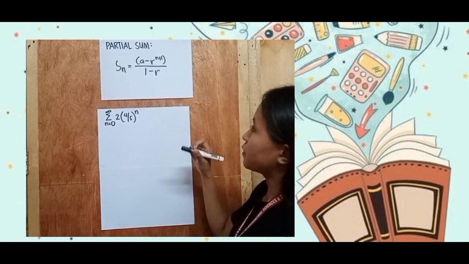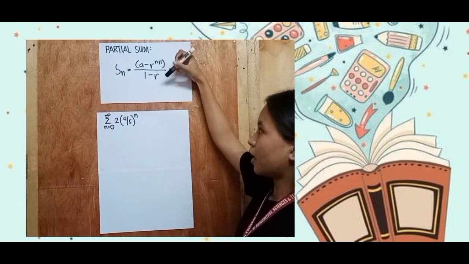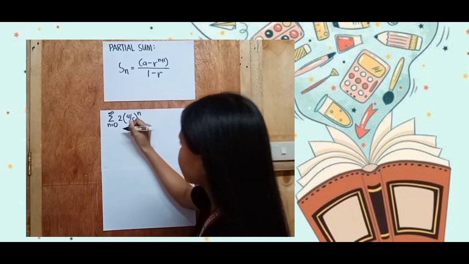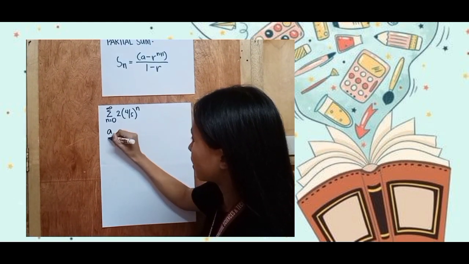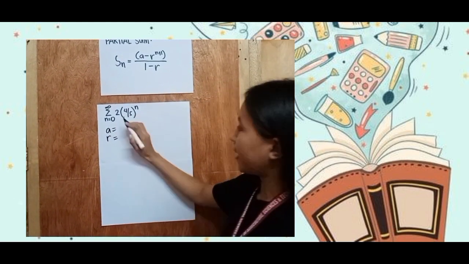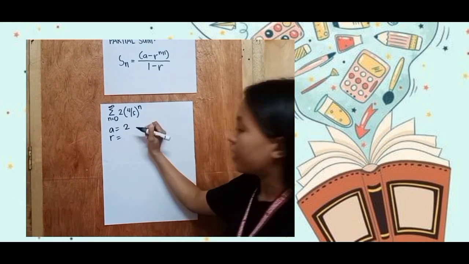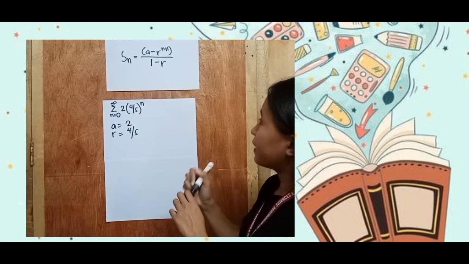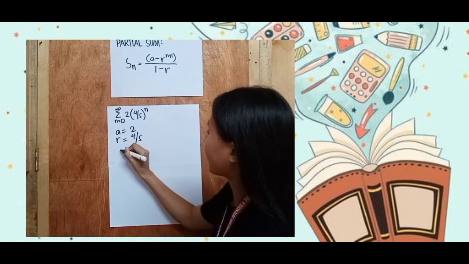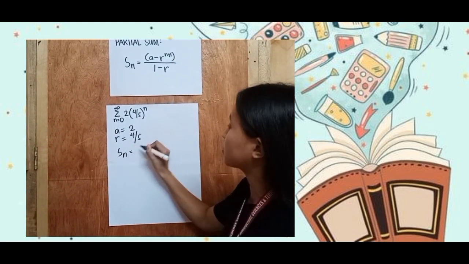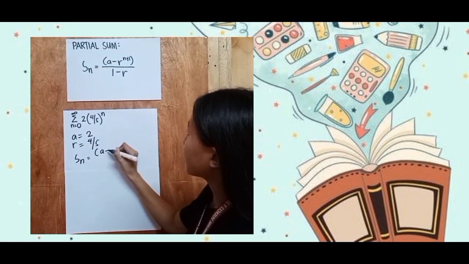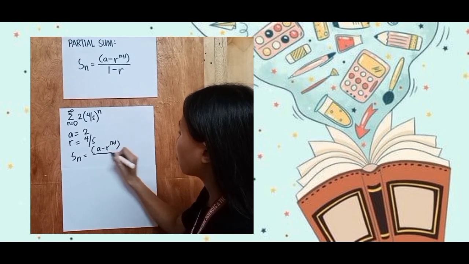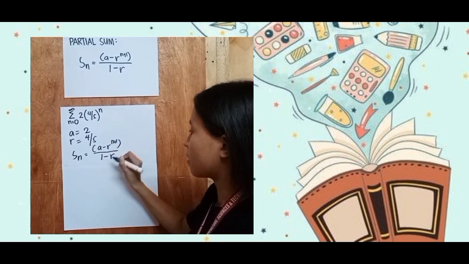So we will use this formula, but before we substitute, we will first find what is A and what is our R. So our A here is 2 and our R is equal to 4 over 5. Now let's use this formula: S sub n is equal to A times 1 minus R to the power of n plus 1, over 1 minus R.